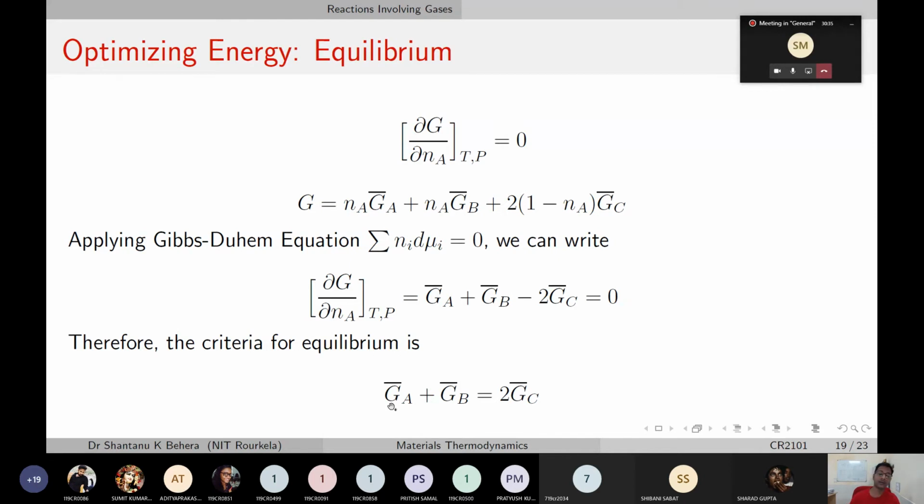And the criterion for equilibrium then simply reduces to this form, which is the partial molar free energies of component A and component B, these are the reactant phases, is equal to the partial molar free energy of the product phase. That's what the reaction condition is, right? And that's where the equilibrium would be attained.